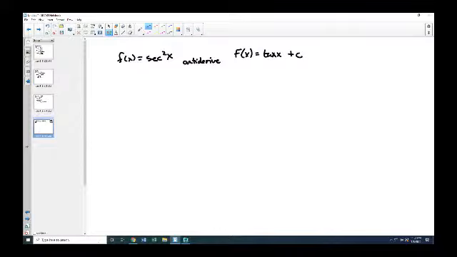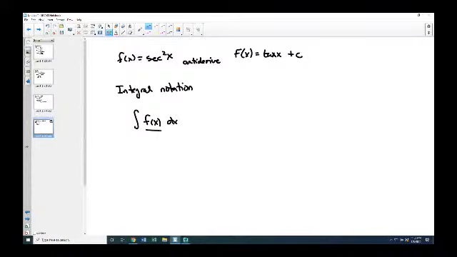So here's another way to write this. This is called integral notation, and this is usually how you will see it. Given a function, let's just say we're given f of x, we would write the integral of f of x dx.